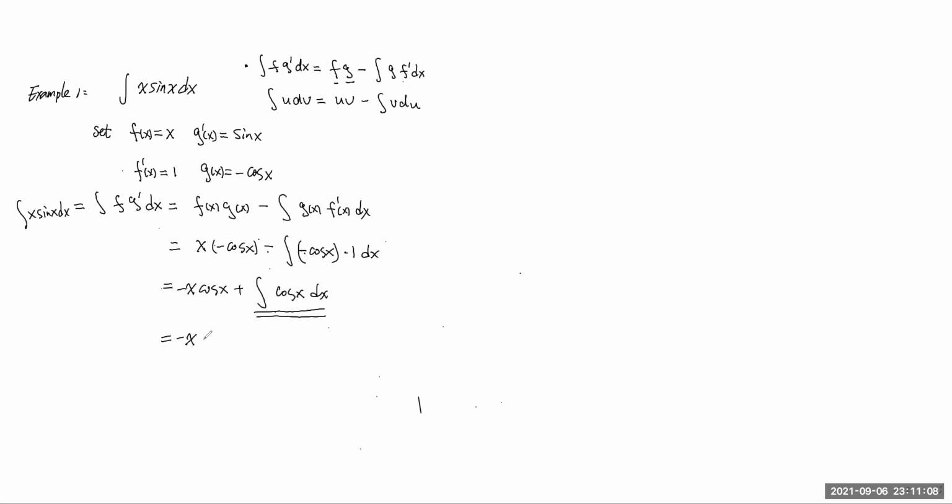So this is negative x cosine x plus sine x plus C. Don't forget the constant C. So by the computation, we get the integral, or the antiderivative, of x sine x dx is negative x cosine x plus sine x plus C. I'll emphasize it: don't forget the constant C. If you forget the C in the test, you may lose 1 or 2 points.